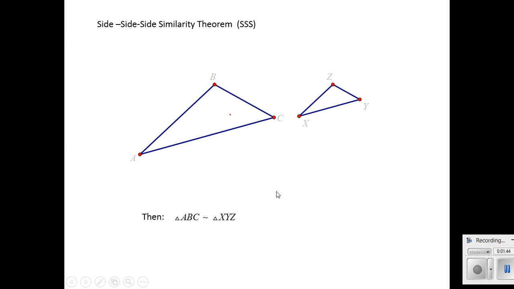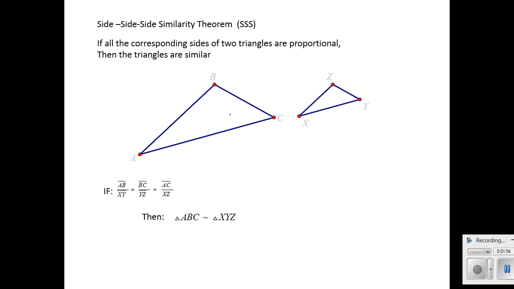Next we have if the sides are in a constant ratio with each other. Okay? So, if we can determine a three-way ratio between all the sides and the corresponding sides of another triangle and see that they're consistent, then you have similar triangles.